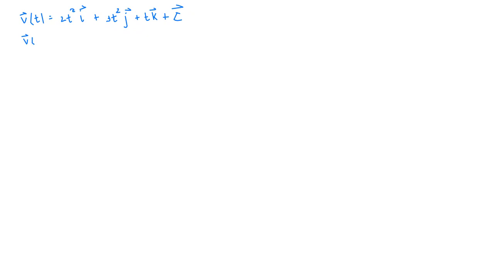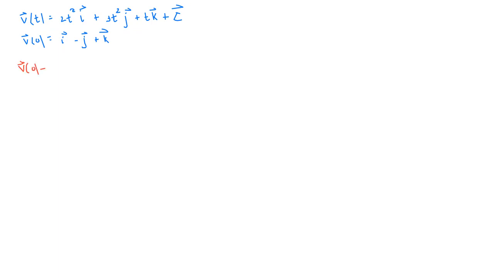And we're given the initial condition that at time equals 0, the velocity vector is i minus j plus k.